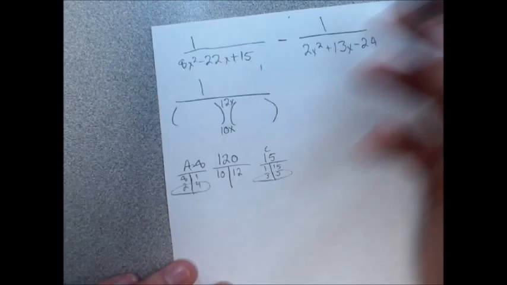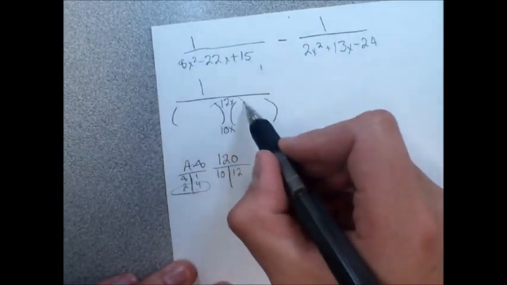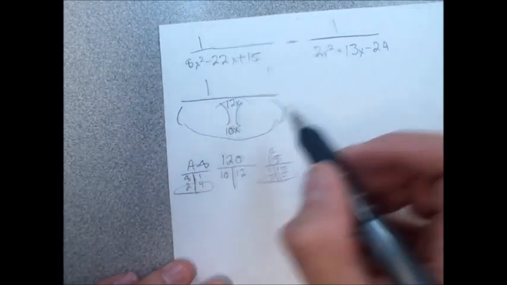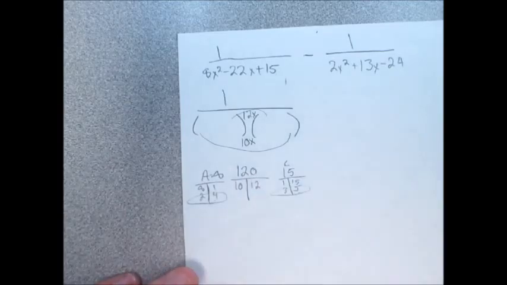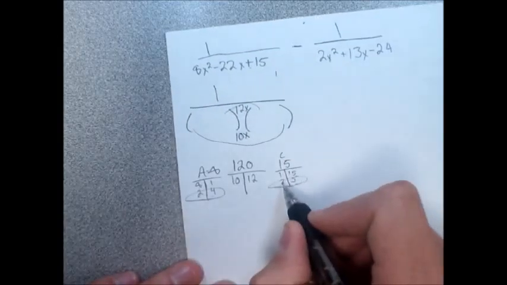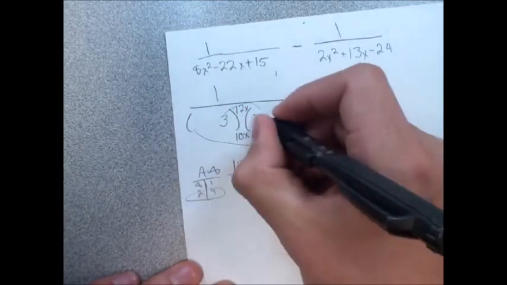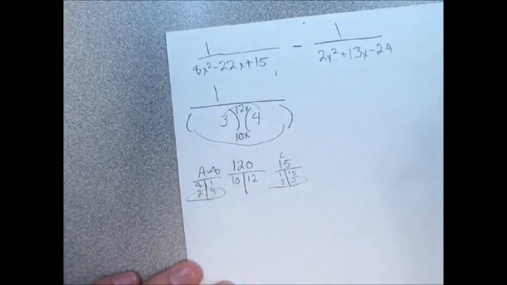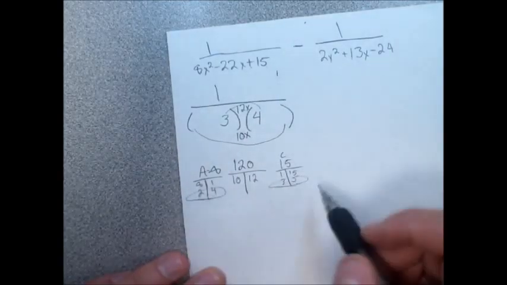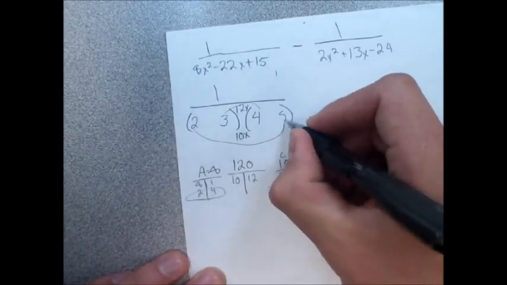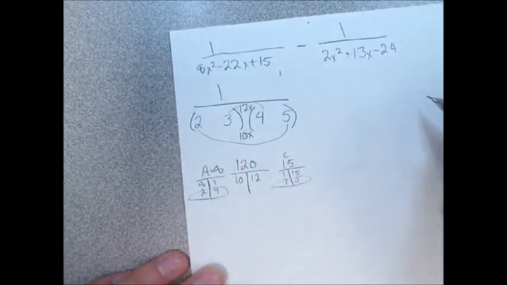Remembering that I need to multiply insides and outsides to make those, I want my 3 to be multiplied by my 4, and then I need my 2 multiplied by my 5. Now I just fill in the blanks.